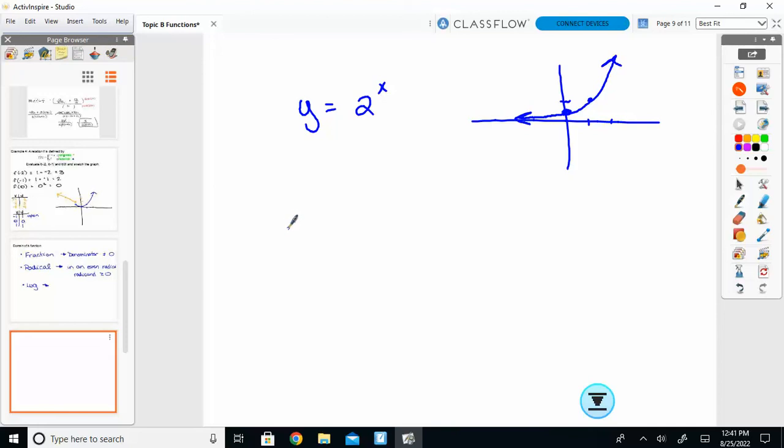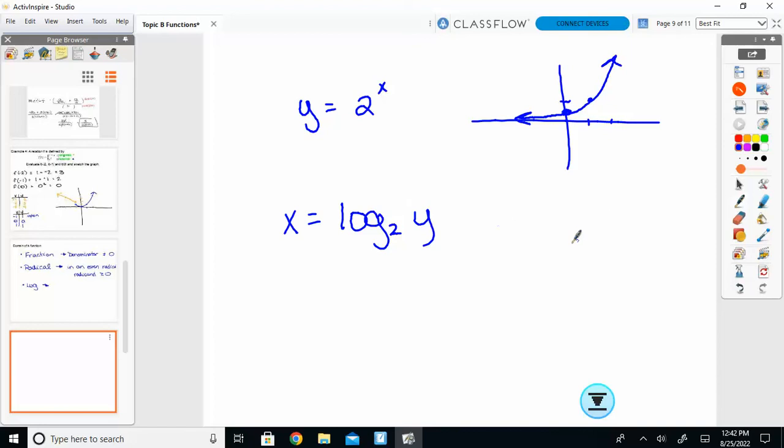So a log is the inverse of an exponential. So it's like saying you flip the x and y essentially. So when I see log base 2 of y, if I said like log base 2 of 8, what that means is 2 to what power equals 8? Okay, if I said log base 2 of 1/2, 2 to what power equals 1/2?